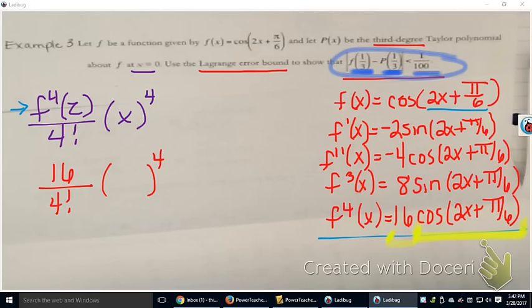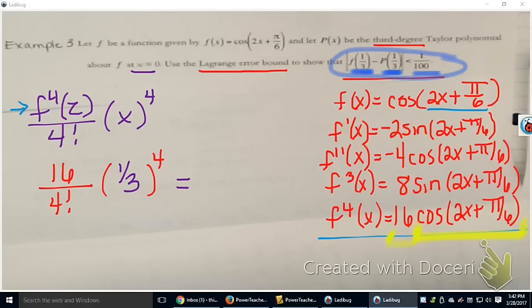That means whatever I get here is supposed to be less than 1 over 100. Hopefully it will be. Now, because I put a 1/3 in parentheses, what they're telling me is that 1/3 is the place that I'm approximating this particular remainder at. So 1/3 will be the x value that I use.